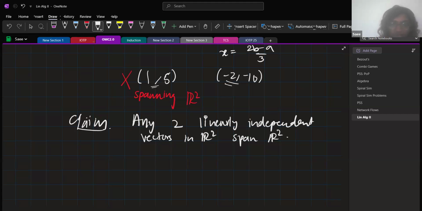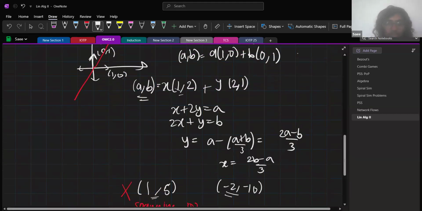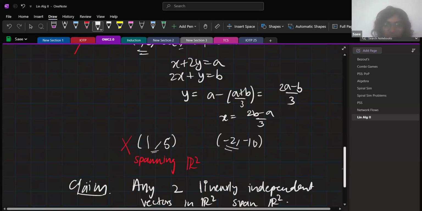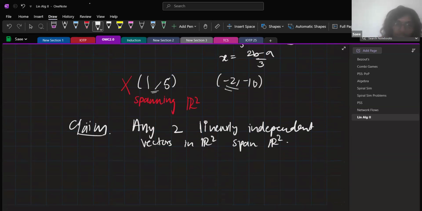But I think this should intuitively make sense, right? Because all we're doing is solving linear equations, and they'll have a solution. If you try to do the same thing over here, then you won't get a solution. Some silly exercise you can try working out later.